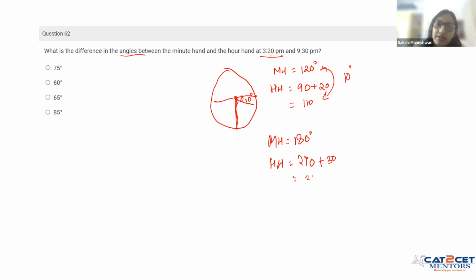So this is 300, so the angle between them is 120. Oh, sorry. 300. I think I made a mistake. This is 10 degrees, and difference in angles between the minute hand and the hour hand at 3:20 and, okay, sorry.